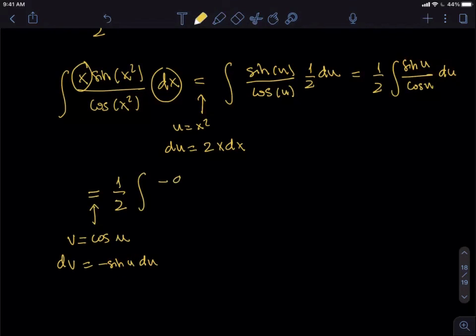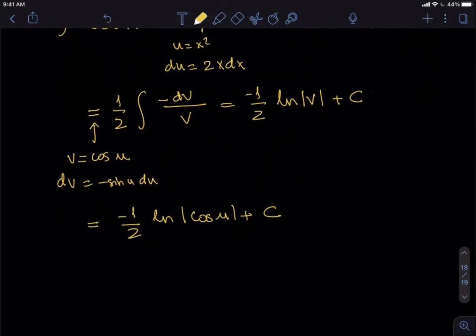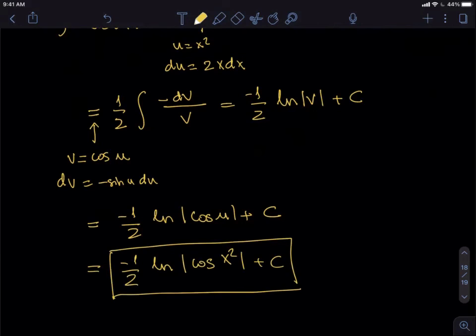So negative dv divided by v, and this is negative 1/2 of the logarithm of v plus c. And then we need to substitute back: the logarithm of cosine of u plus c, and then substitute back again: the logarithm of cosine of x squared plus c. Because we did two substitutions, we need to substitute back twice.